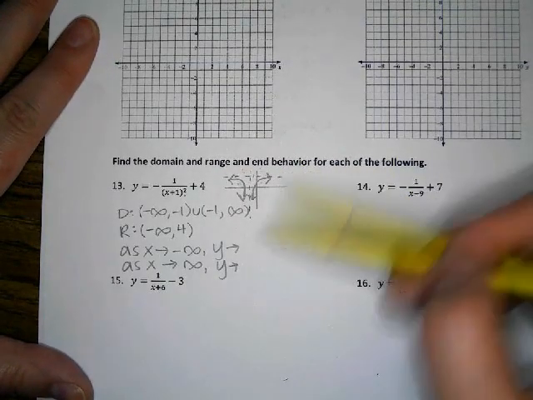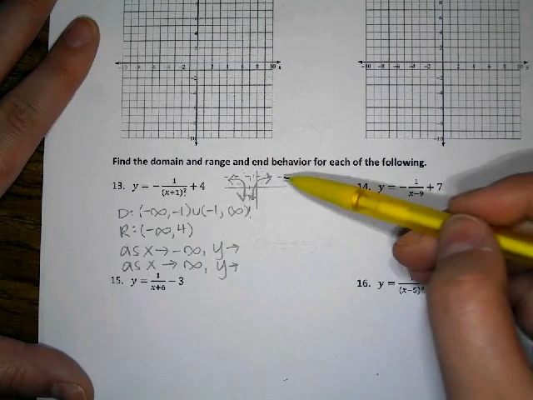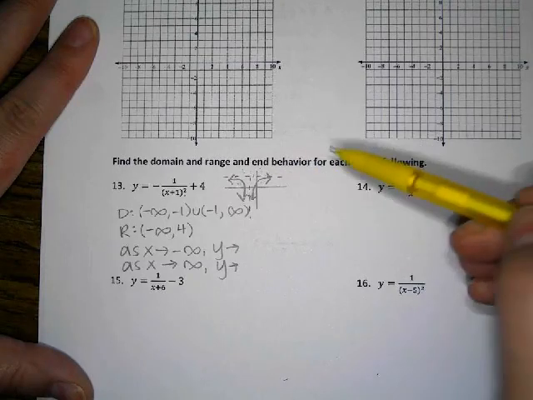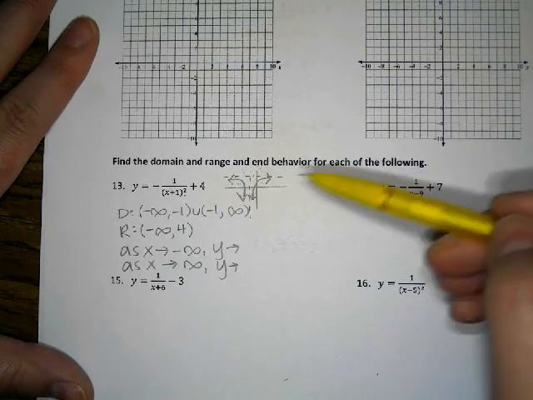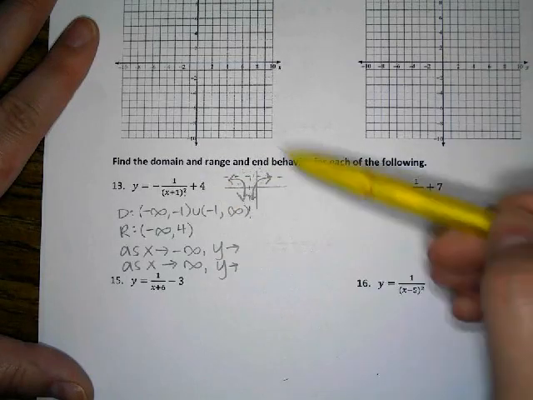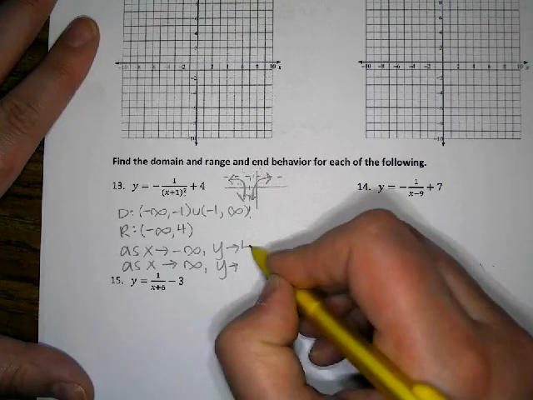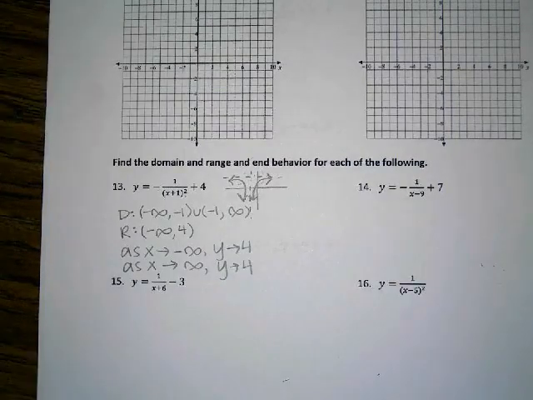They're completely pointing to the horizontal asymptote. And so you never really have to graph these. You never have to look at a picture. You can just look at the equation. The left arrow is pointing at the asymptote at 4. The right arrow is pointing to the asymptote at 4. They don't go up. They don't go down. They stay at the horizontal asymptote.